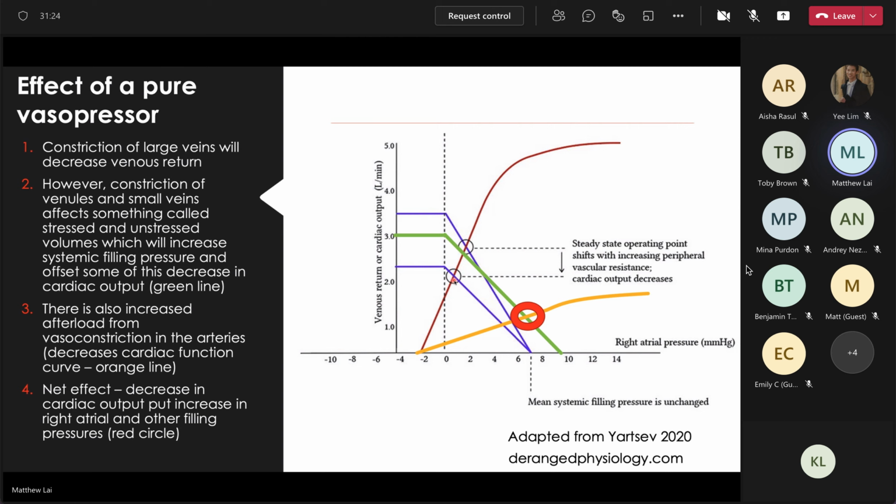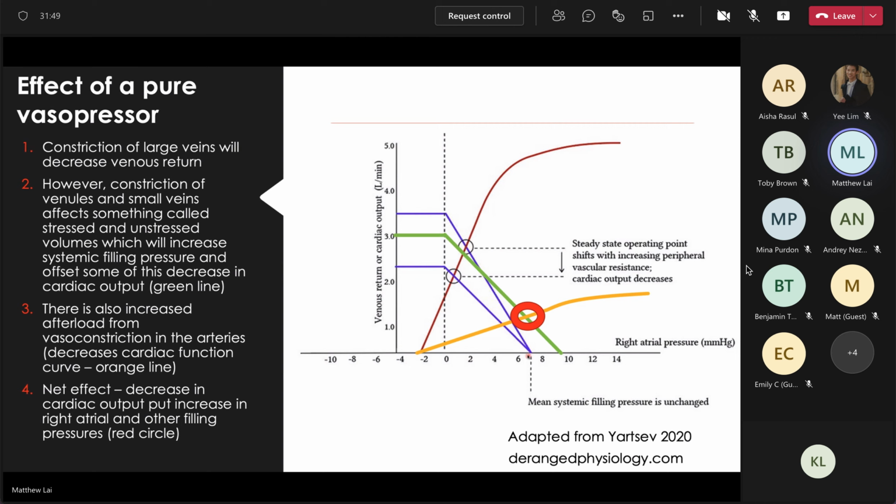And what this does is this affects the ratio of something called stressed and unstressed volumes. You don't need to know that at all, but I'm just mentioning it here as a bit of background, because if you do decide to do a bit of extra reading, you may come across these terms. But the ultimate result of this is that you actually increase systemic filling pressure, so mean circulatory filling pressure.